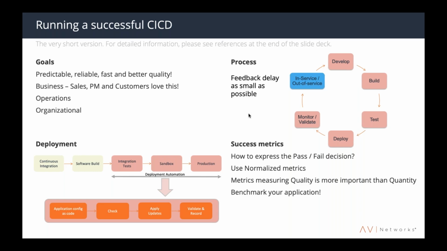Here, the basic principle is we need to express the pass or fail decision for each of those steps. For that, we need to use normalized metrics, so every run of our pipeline produces the same metrics we can look at and compare over time. And we should focus on metrics that measure quality instead of quantity.